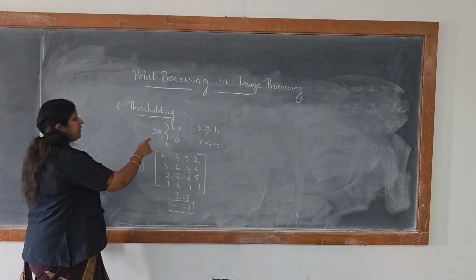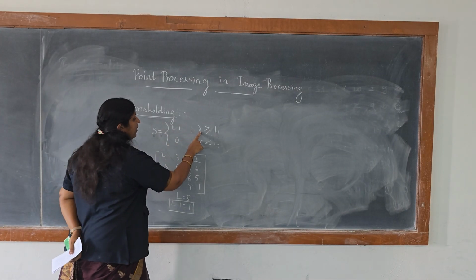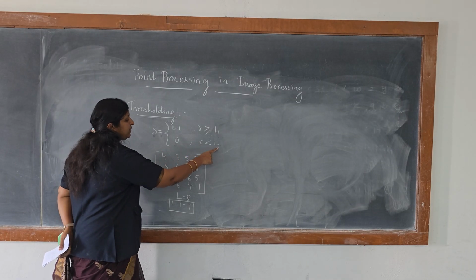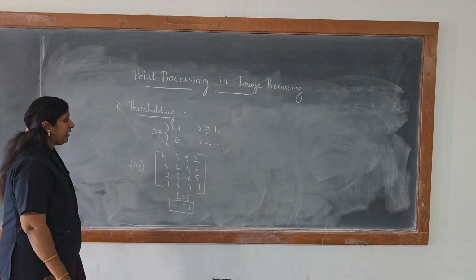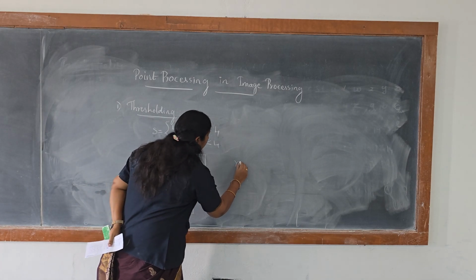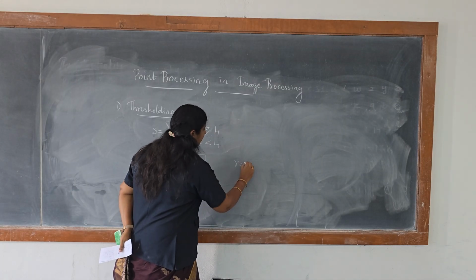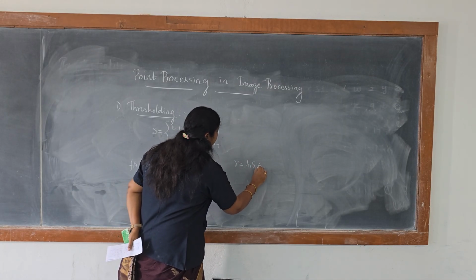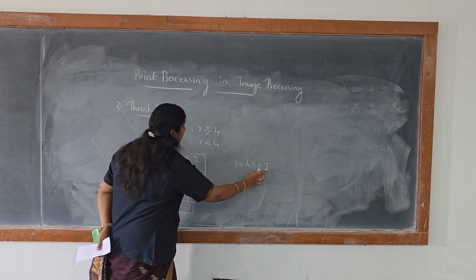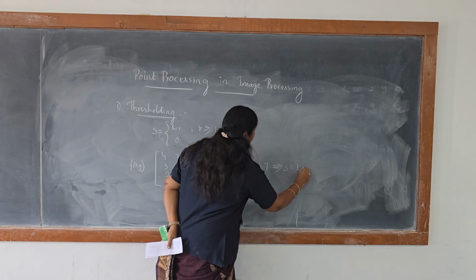So the relation of thresholding says that S is equal to L minus 1 in case of R greater than or equal to 4. If R is less than 4, the value will become 0. The values range from 0 to 7. If R values are greater than or equal to 4, that means 4, 5, 6 and 7, then the S value will be L minus 1.